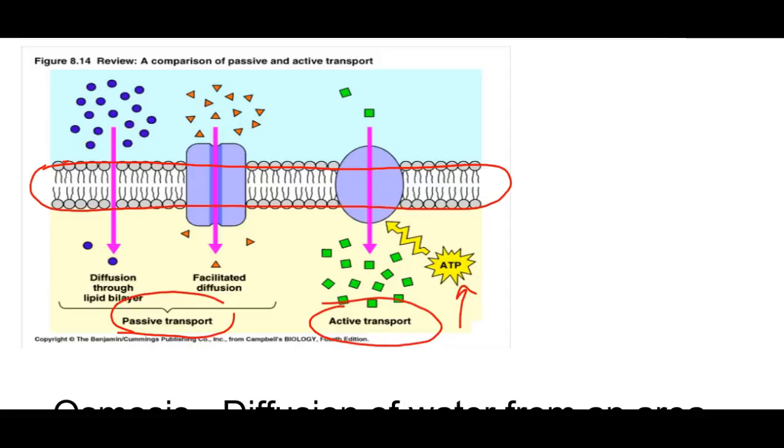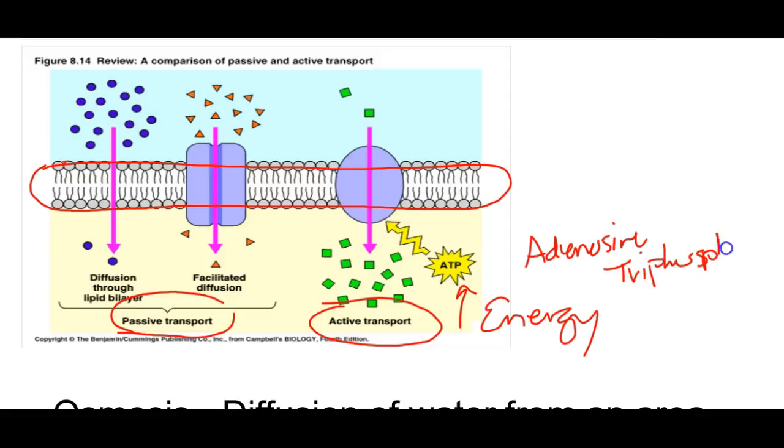Active transport requires energy, and that energy is typically in the form of ATP. ATP, as we will learn next chapter in chapter 8, is adenosine triphosphate. You will learn that molecule well next chapter. But for now, you just need to know ATP is the energy source for a cell.